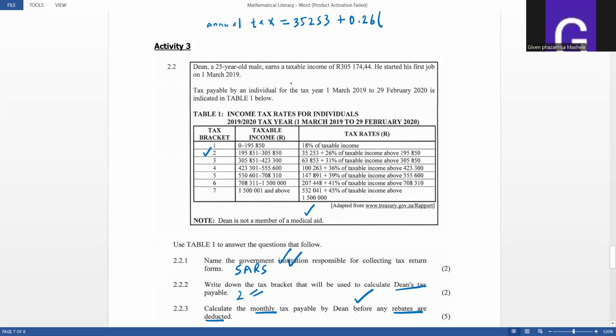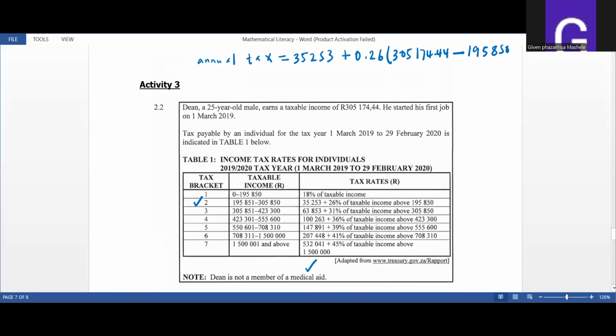His taxable income is 305,174.44, and above means we subtract 195,850, so let's get the difference.